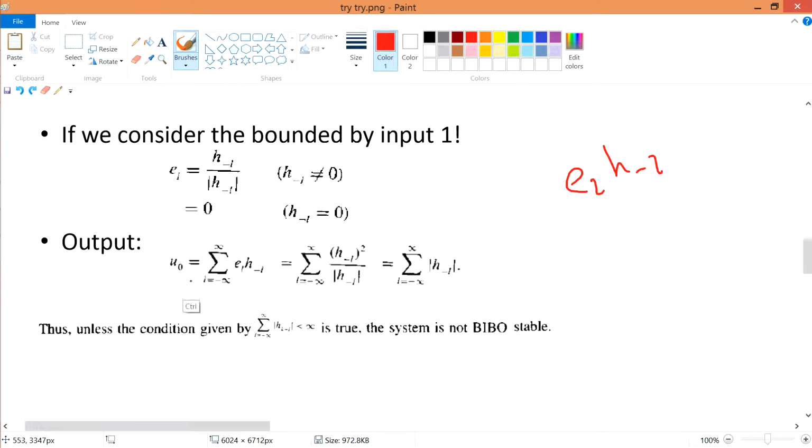This is only when the output U is equal to 0.